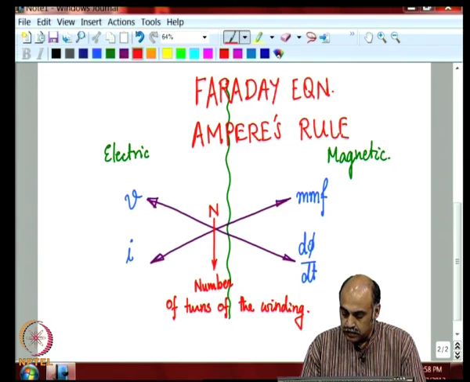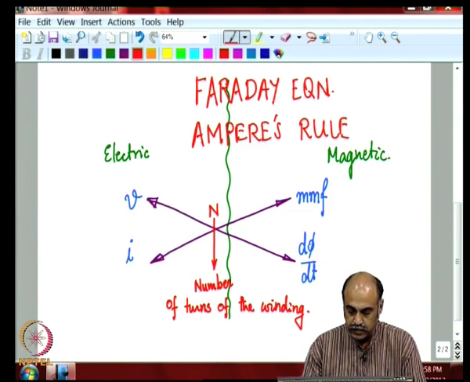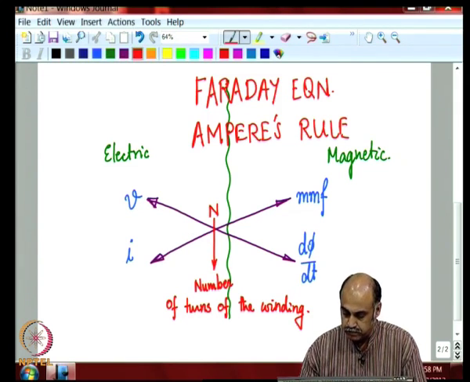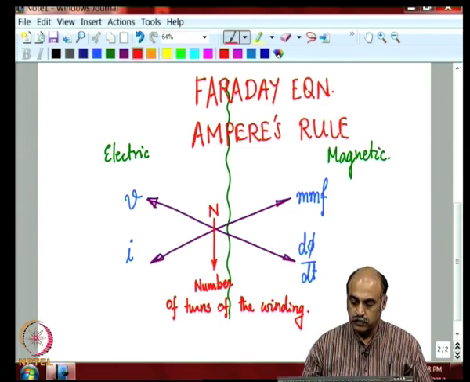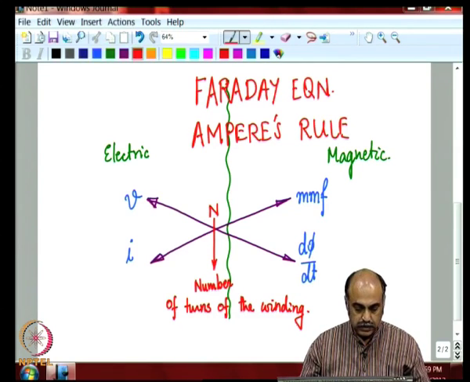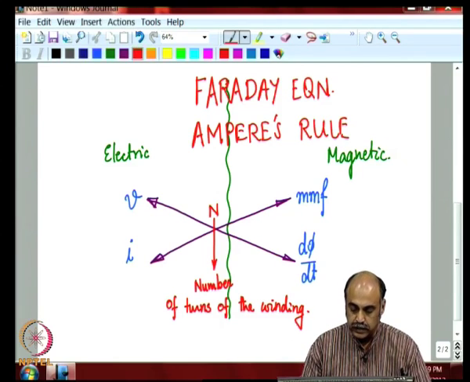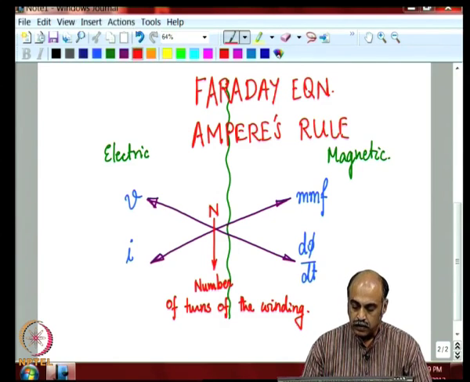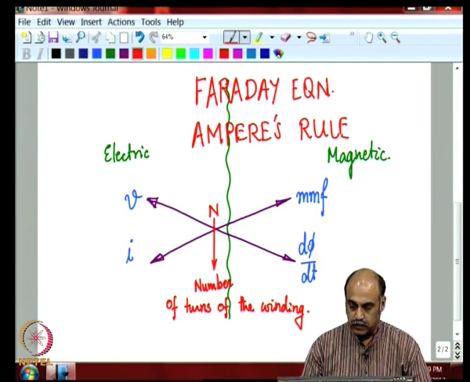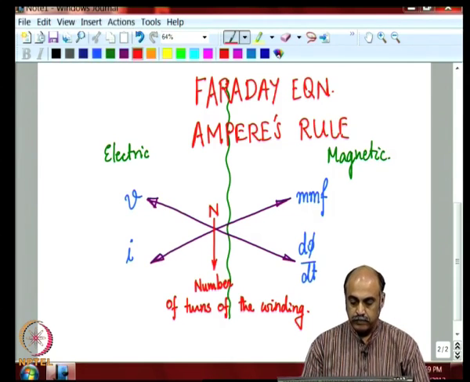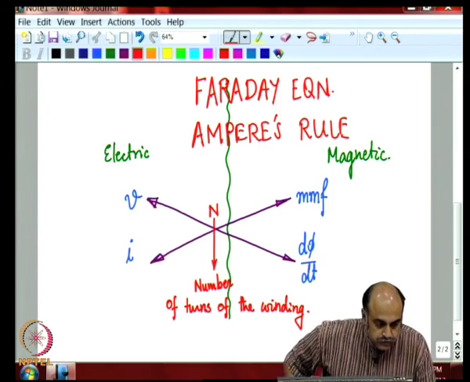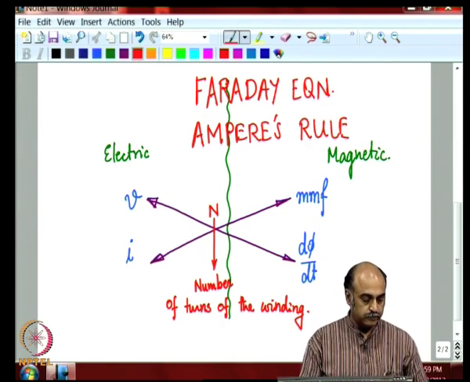So, to make sense out of what we have discussed till now, let us see how a practical magnetic component looks like, and try to understand what it is. Here I have a piece of magnetic component.